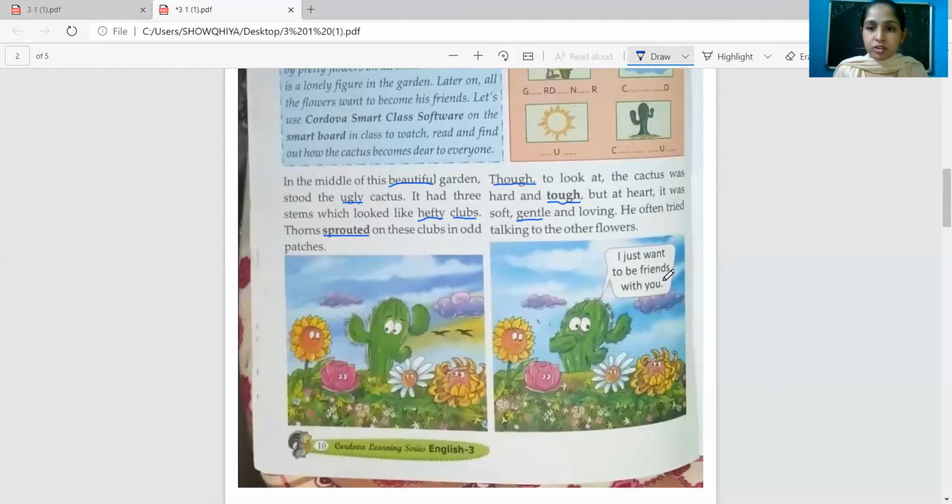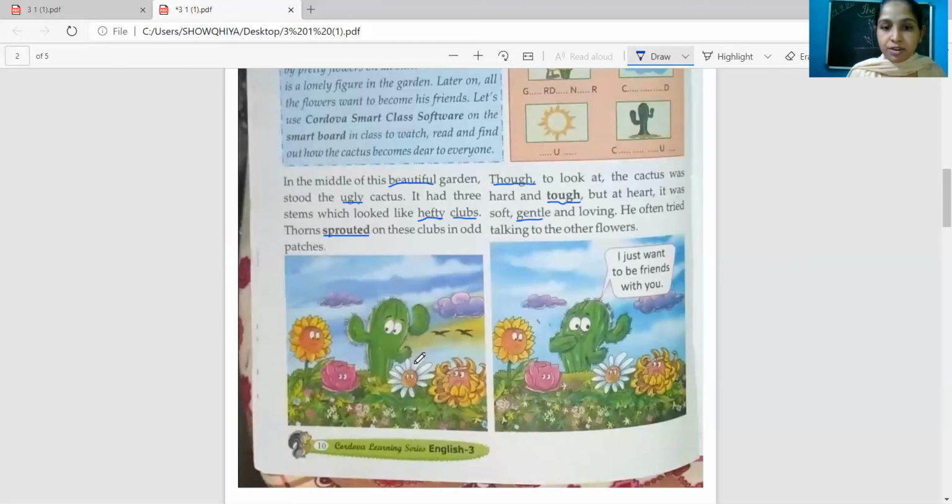Okay, so I just see here, children, as I told you, pictorial story. So by seeing itself, I can say that this is a cactus plant. Those who have not seen this, it is full of thorns. I can see this is a beautiful garden. You can see there are many flowers here, some of which we can make out.